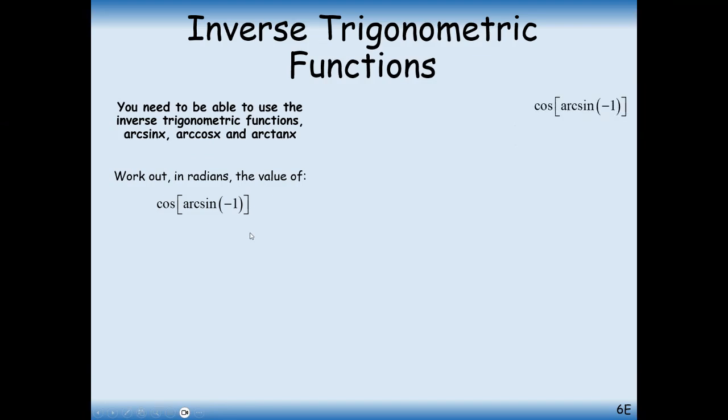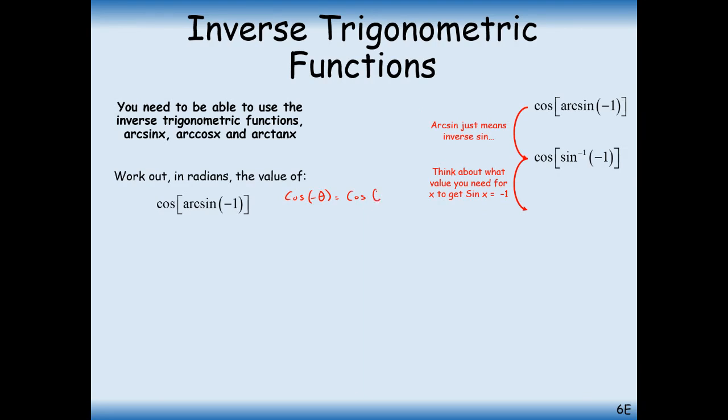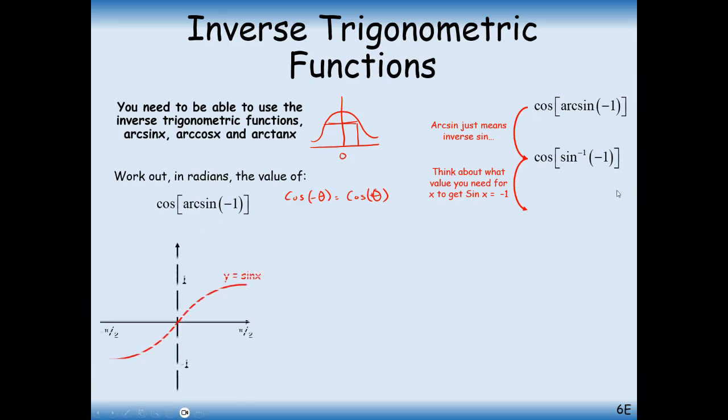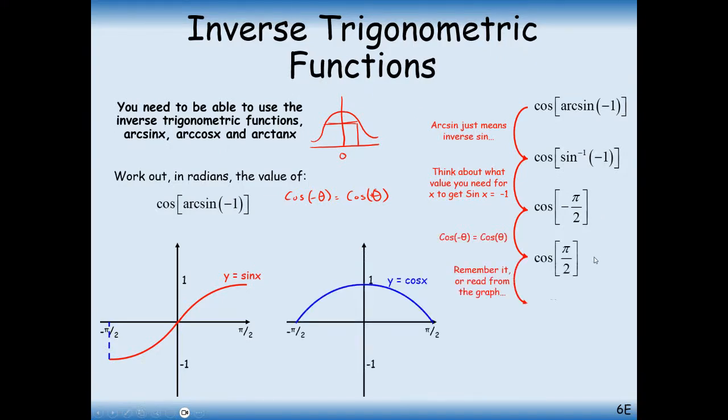But because the cos of a negative angle is the same as the cos of the positive version of that angle, because cos is an even function, symmetric around 0 degrees, cos of negative pi over 2 is the same as cos of pi over 2, which is 0.